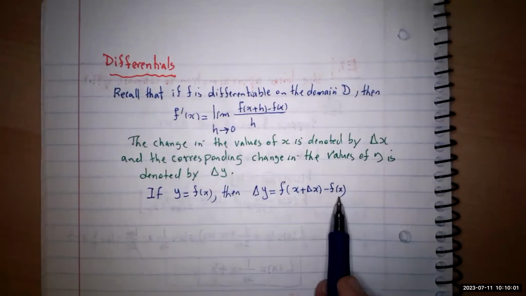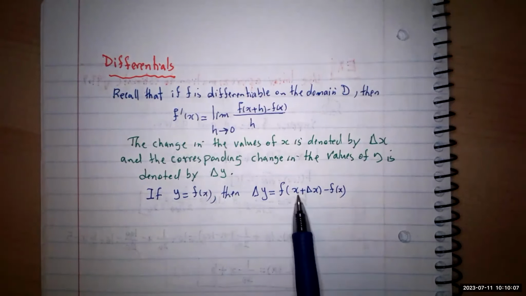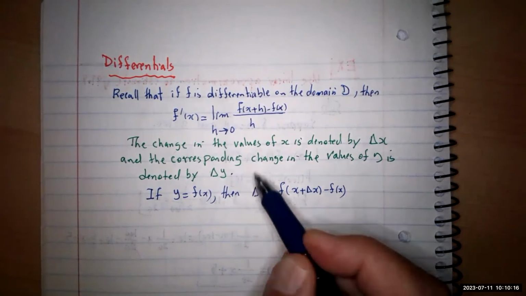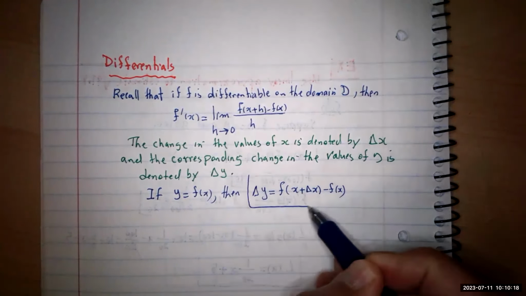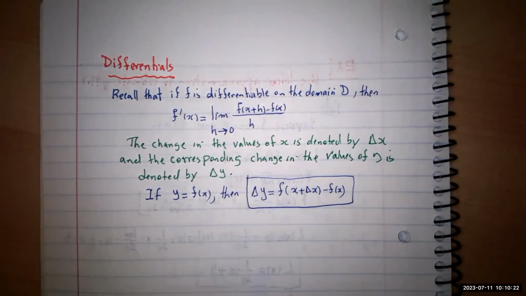You see, you have x, for example, x is 2. You change it to 2.02. So f of 2.02 minus f of 2 would be the change in y. So this delta x is a little bit changed. If you change it, the difference between the values of y is going to be the change in y. Now, if you go back and write the formula again, I don't want to give you the formula right away. I just wanted you to see it.